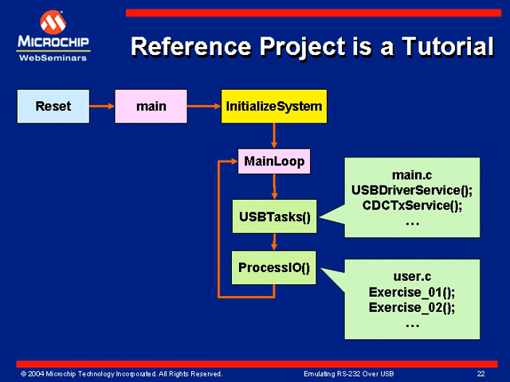And what you can do then is to search for each of the following functions: exercise 01, exercise 02, 03, 04, and 05. The instruction of what to do in each of those exercises is described in the function header. So go ahead and download the reference project, install the program, and take a look at user.c and learn how to use the library itself.